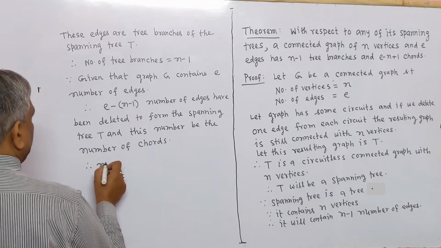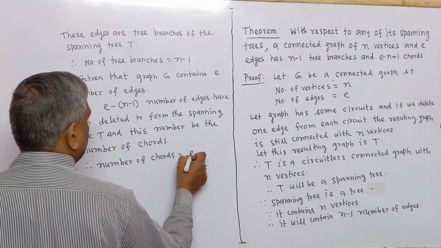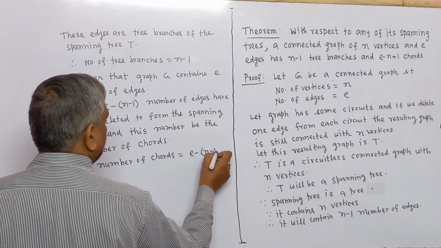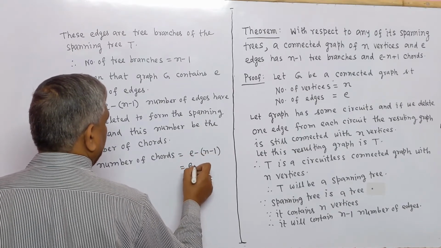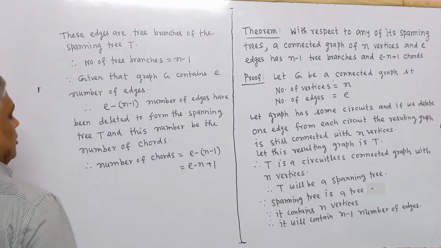Therefore, number of chords equal to e minus (n minus 1) equal to e minus n plus 1. Proved.